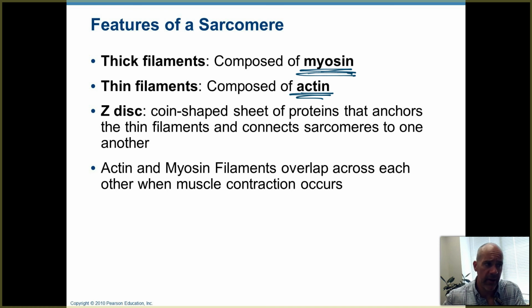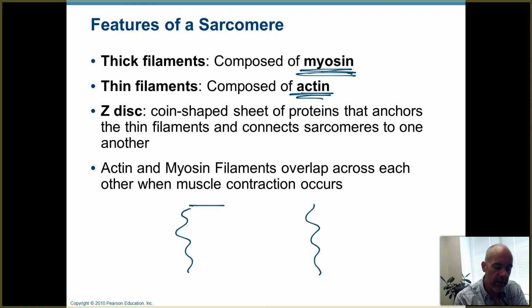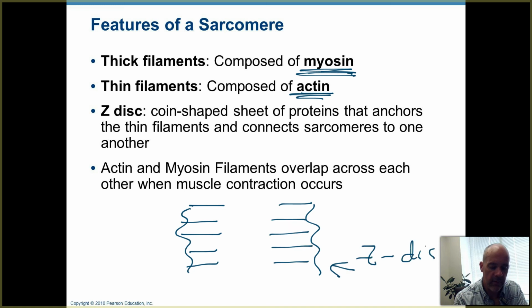Back on that other diagram, the Z discs form the borders between sarcomeres. They have that zigzag shape on the diagram. Those are built from proteins that help anchor the thin filaments, which are connected to the Z discs. So there's one of your Z discs right there.